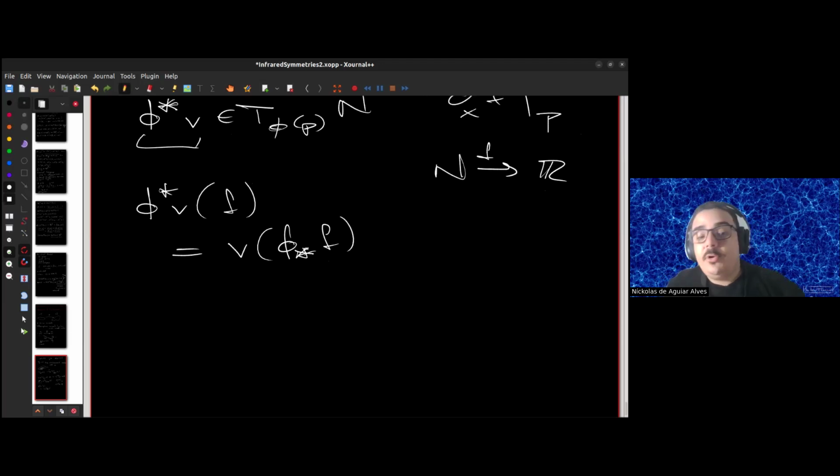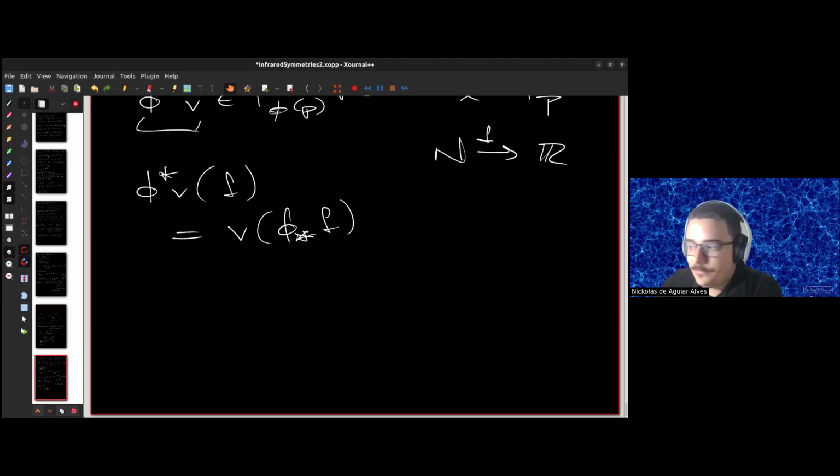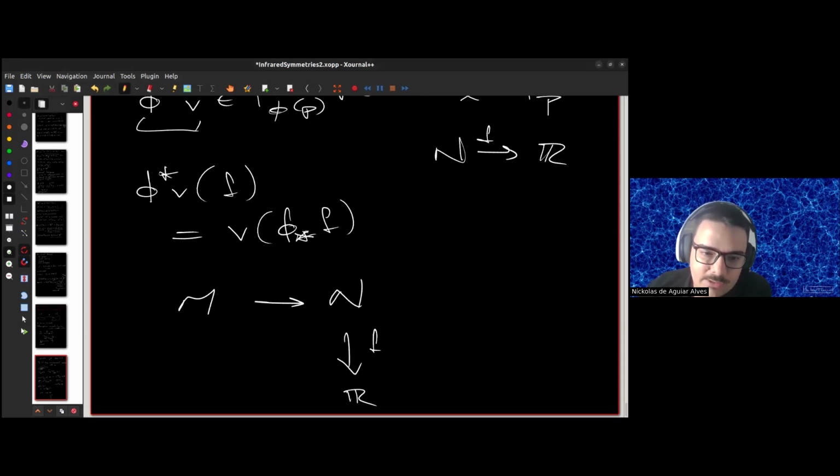So how do I push forward a vector? What I do here is the following. This eventually starts getting a little more messy, so to speak. So we started with that diagram. We had M here, we had N here, and we had a function here. And then we had this pullback here. We pulled back the function.